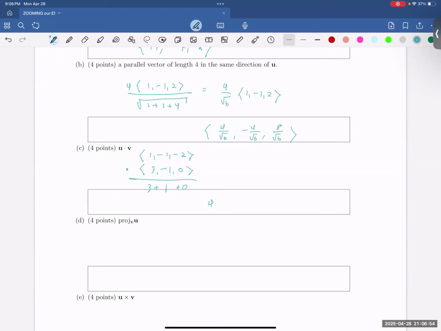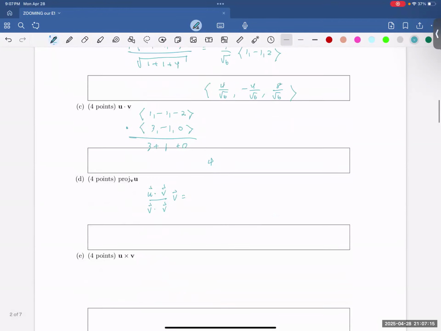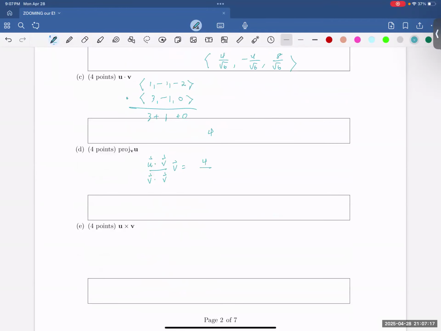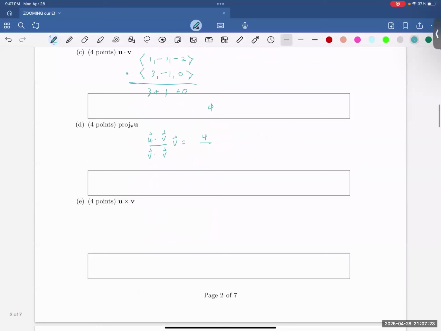Projection of u onto v is the shadow of u onto v. It's a scalar multiple of v, and it's u dot v over v dot v, and then times vector v. U dot v, we calculated a moment ago, u dot v was 4. V dot v is v dotted with itself. V was 3, -1, 0.